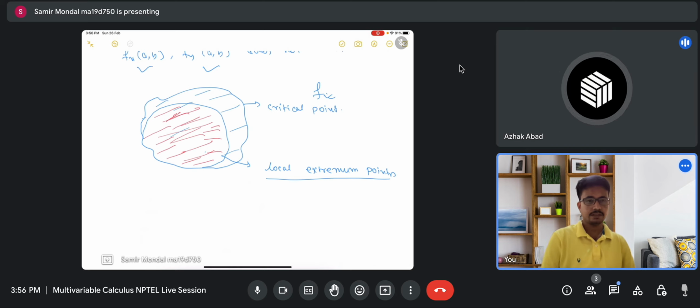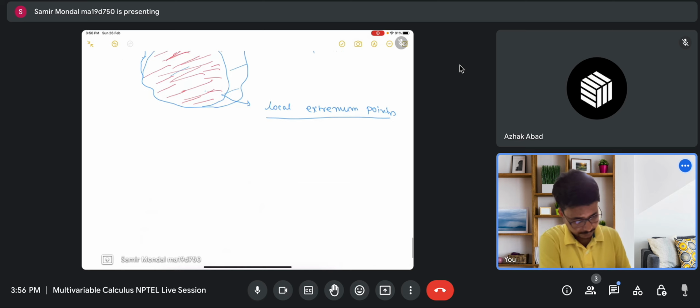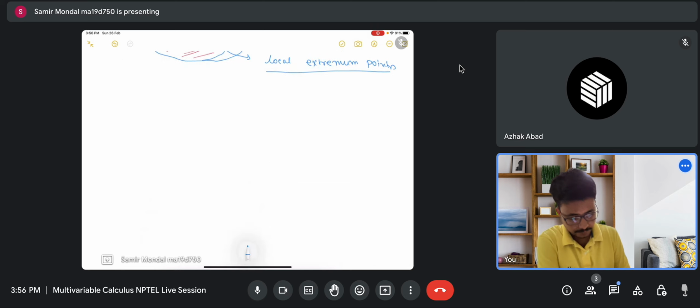Yes. One theorem is there. I am writing that theorem. The theorem is like that. A two variable function is defined on a domain D, a subset of R2 to R. This function is given already.